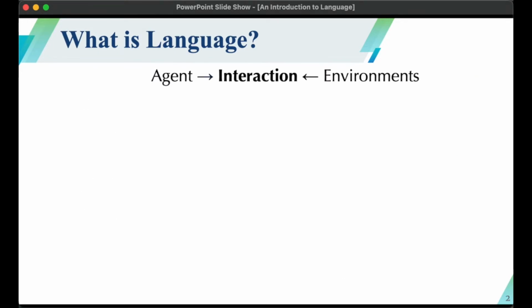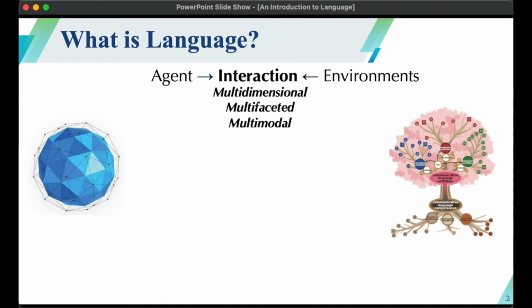The use of language is, at its core, the interaction between agent and environments. Said interaction is multidimensional, multifaceted, and multimodal. In this sense, it involves a dynamic range of areas and aspects.